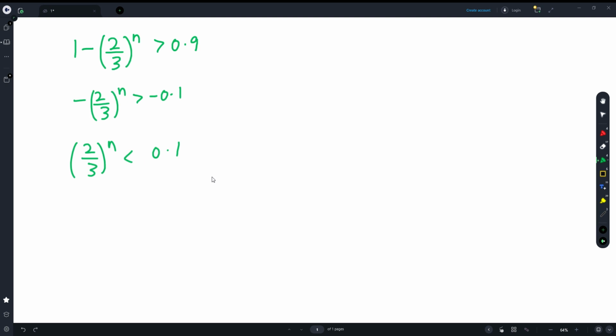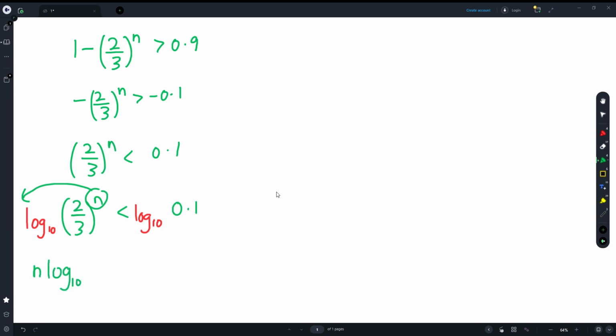From here onwards, what am I going to do? I'm going to add log in order to find the final value. I'm going to add log base 10 on both sides. After I add log base 10, this n I can always pull in front. So it's going to be n log base 10 of 2 over 3 is smaller than log base 10 of 0.1.